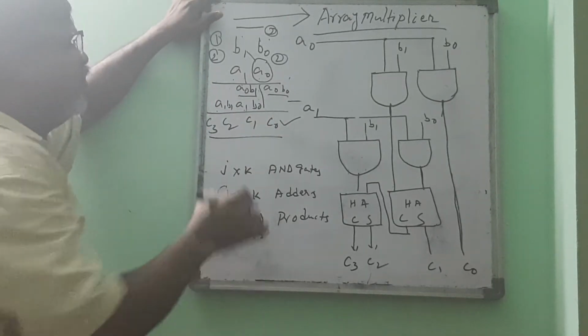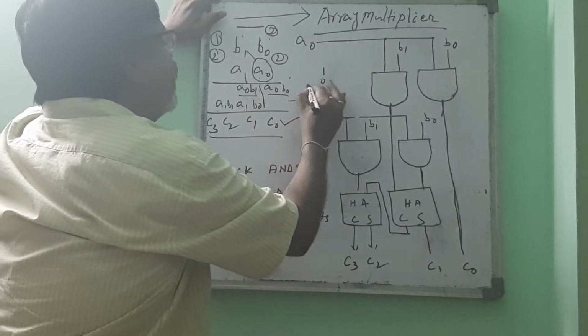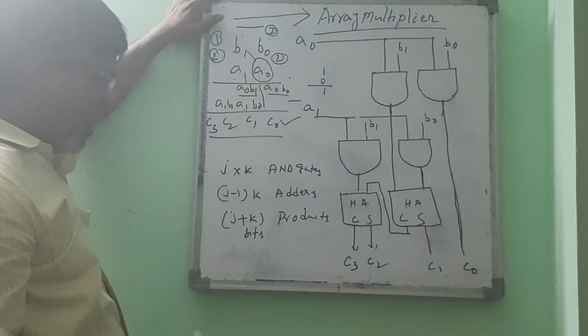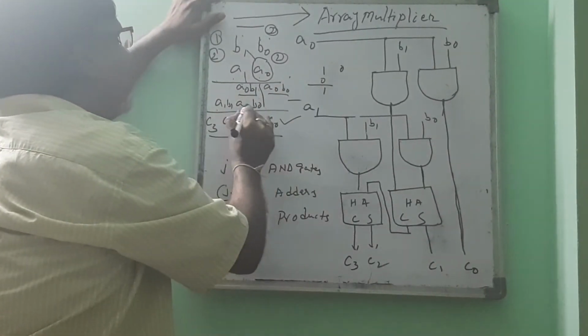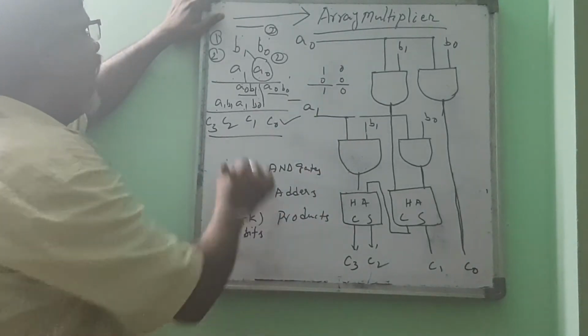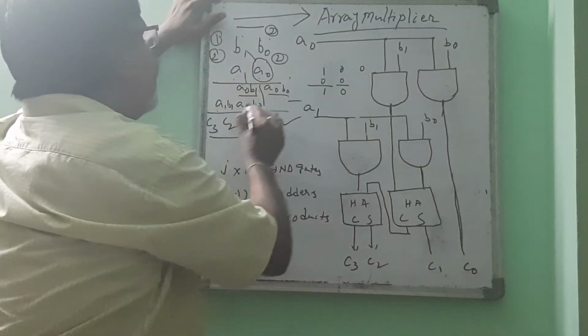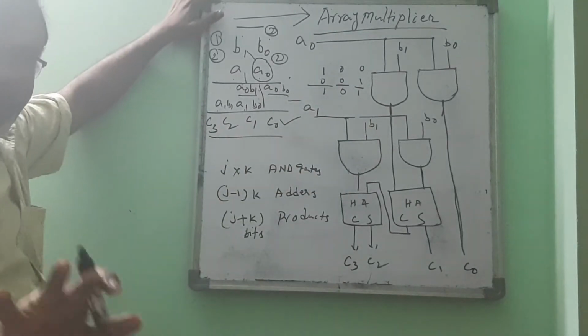See, remember here, if A0, B1 is 1 and A1, B0 is 0, the addition will be 1. Fine? Or else, if A0, B1 is 0 and A1, B0 is also 0, the sum is 0. Or if A0, B1 is 0 and A1, B0 is 1, the sum will be 1. This is okay, fine.